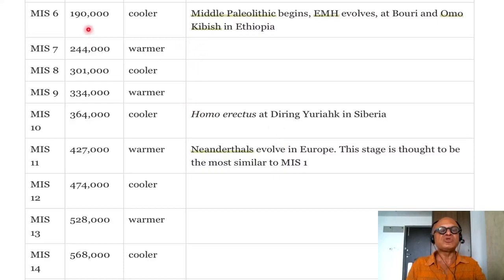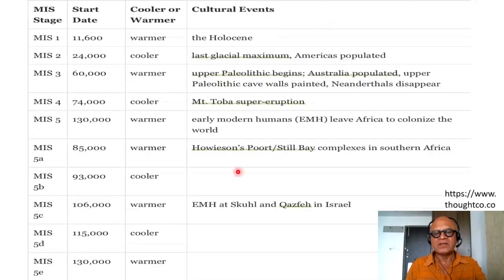And then we jump into our favorite MIS 6, which was cooler. So Middle Paleolithic begins here, and evidently modern humans evolve at Buri and Omo Kibish in Ethiopia. Usually it's AMH, anatomically modern humans, so this is some other notation which I should have noted.